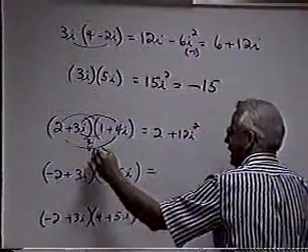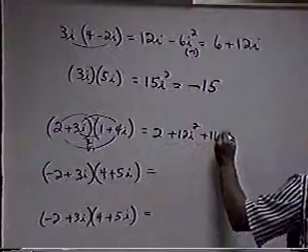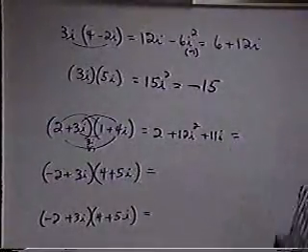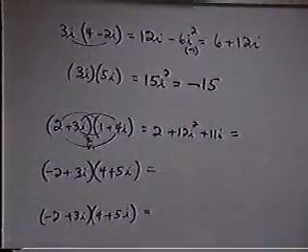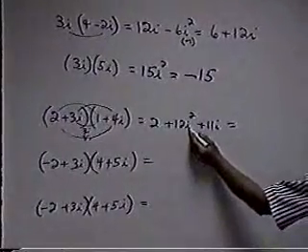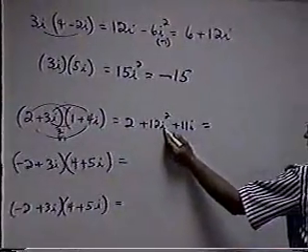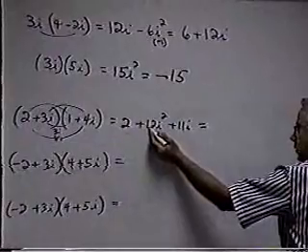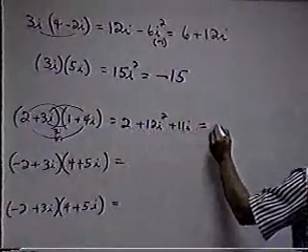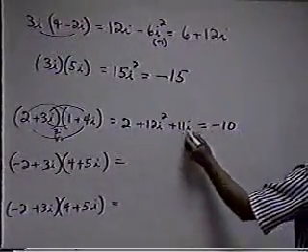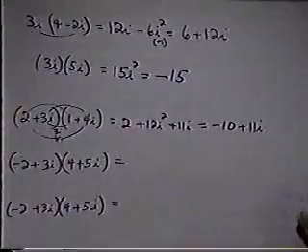Outside is an 8i. So we have a plus 11i. And now we go back and simplify. What is i squared? i squared is a minus 1. So it's a minus 12. A minus 12 plus 2 is a minus 10. Plus this 11i.